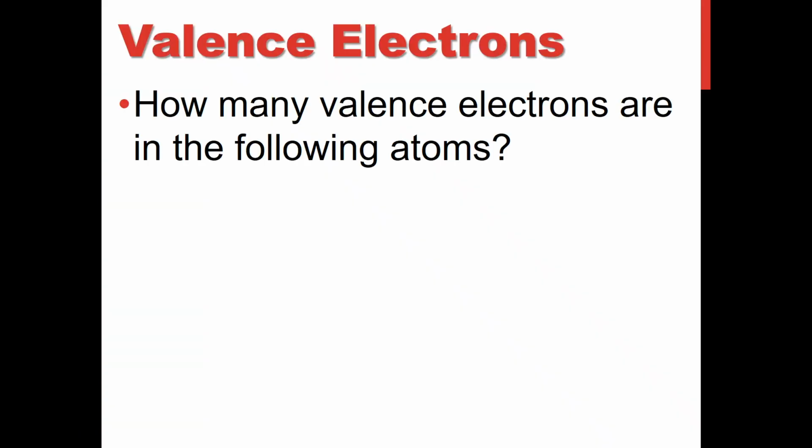So how many valence electrons does chlorine have? 7.